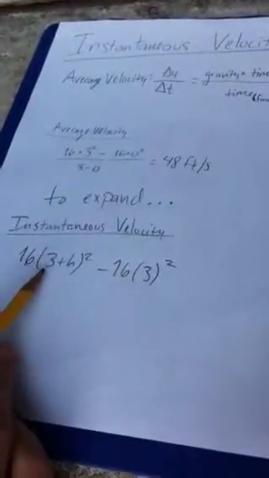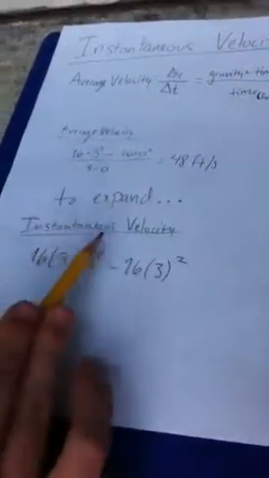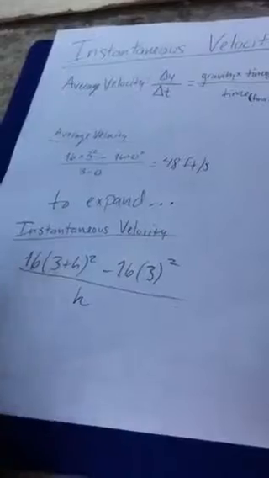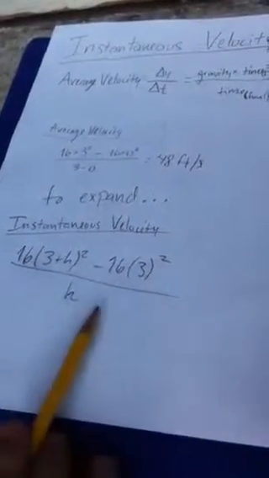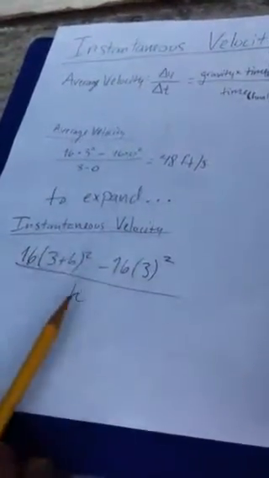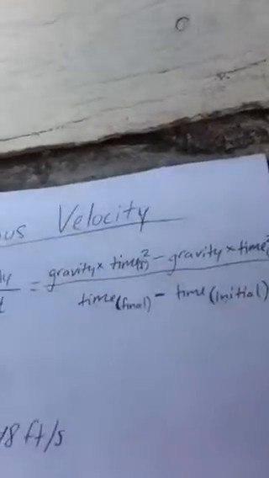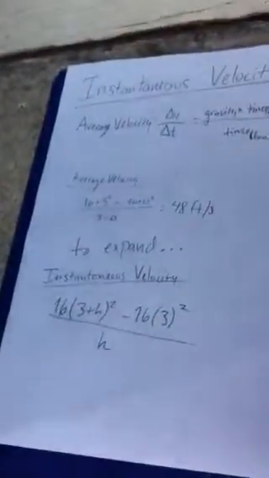As you can see, we want to find the instantaneous velocity at 3 seconds exactly. To do this, we have to expand these values. The reason we only have one value for h is because there is no initial or final time. It's just one value, so that's just 3 seconds.